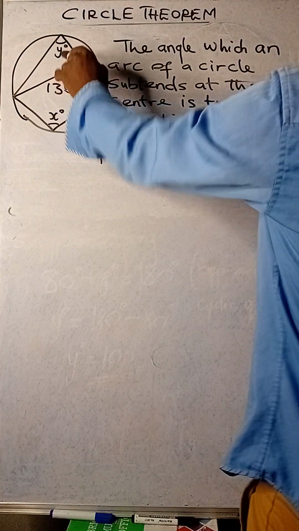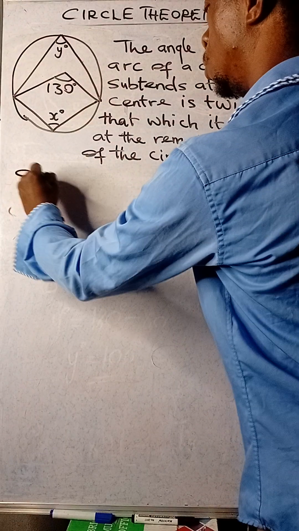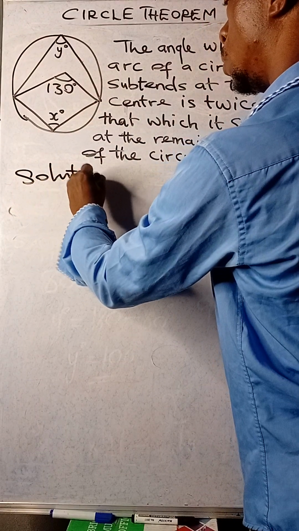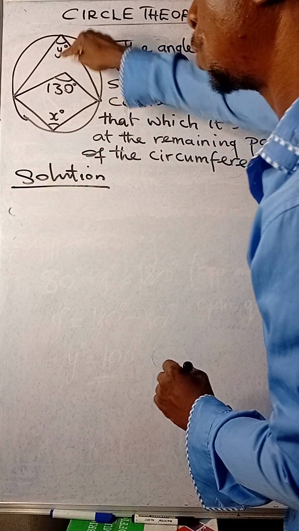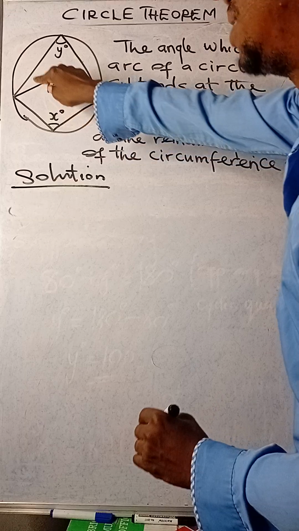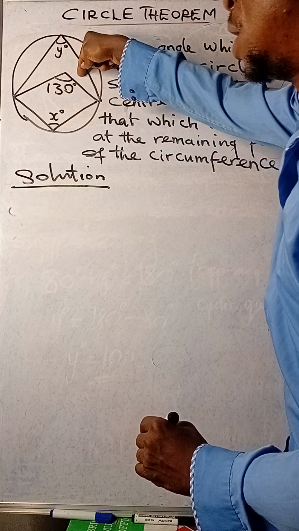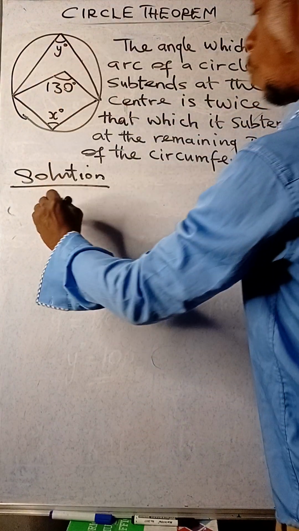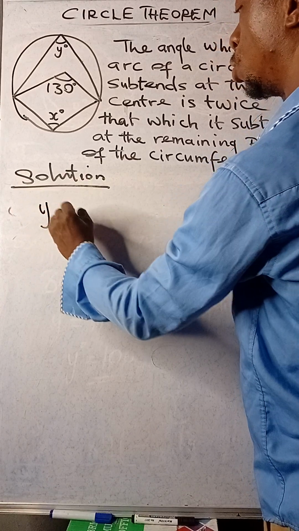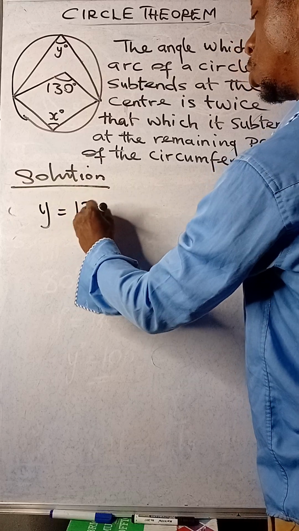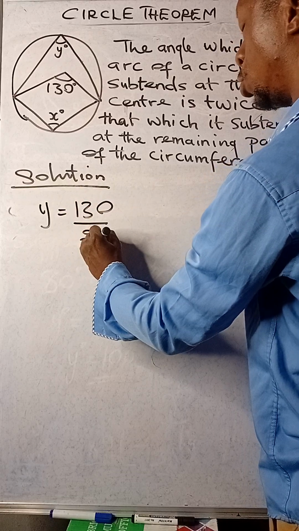So we have, if this is one solution, now the center angle of y is this, while the center angle of x is the reflex of this angle. So for us to look for y, y equals 130 divided by 2.